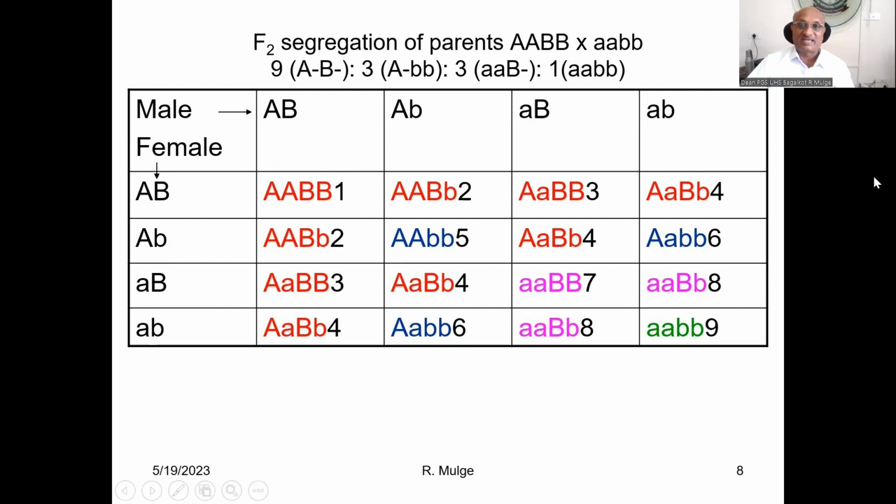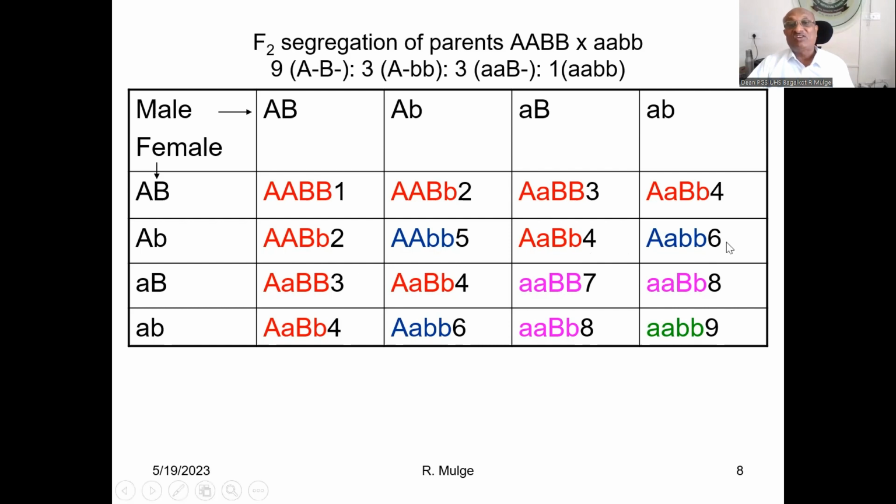Now, if you look at this table, how many different types of genotypes is it telling? 9. The first is both genes homozygous dominant. The second is first homozygous dominant, second heterozygous. Third is first heterozygous, second homozygous dominant. Fourth is both heterozygous. Fifth is first homozygous dominant and second homozygous recessive.